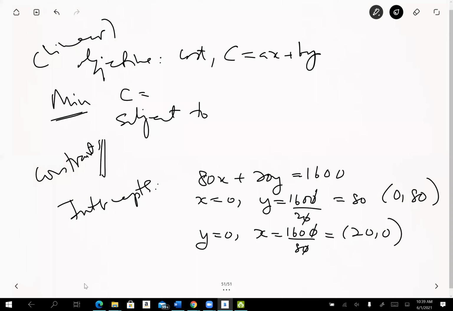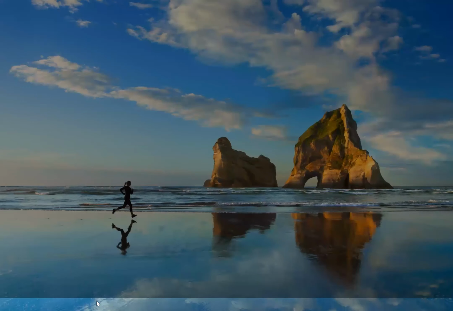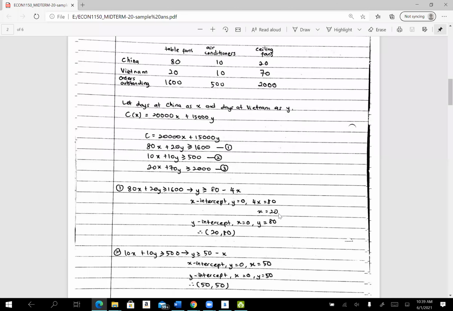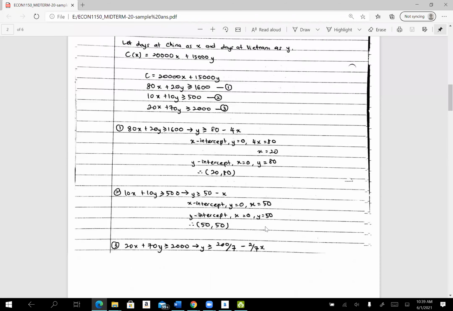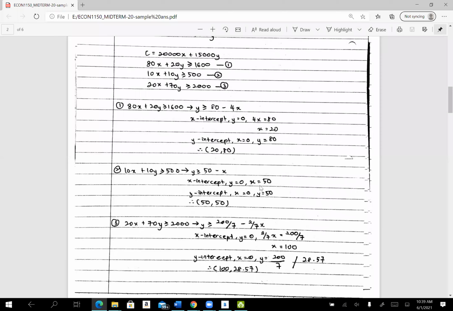So if you go back to this solution, the x-intercept is 20, 0. Y-intercept 0, 80. Okay, and then you do for the second inequality, you will get 50, 0, 0, 50.